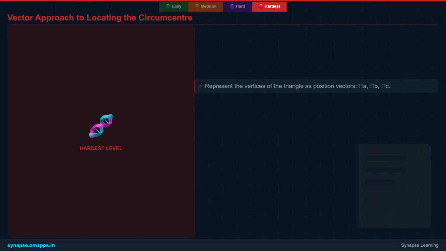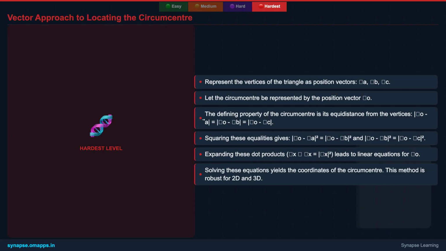For a truly rigorous approach, we can locate the circumcenter using vectors. Represent the vertices of the triangle as position vectors, say A, B, and C. Let the circumcenter be O. The fundamental property of the circumcenter is its equidistance from all vertices.